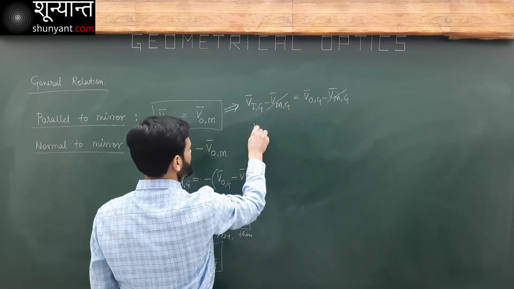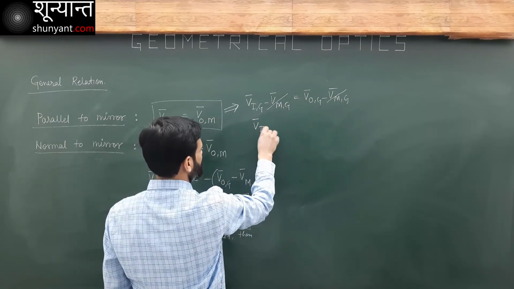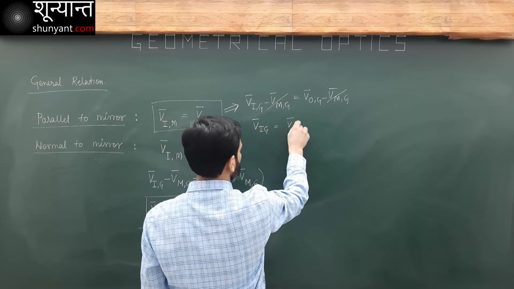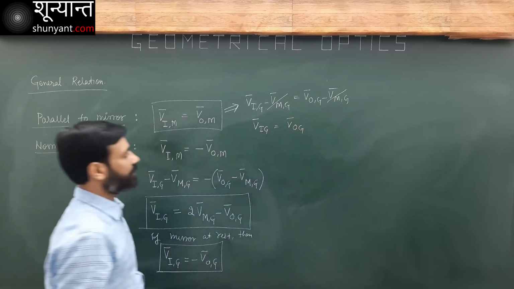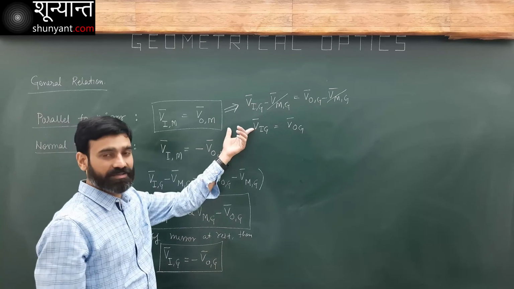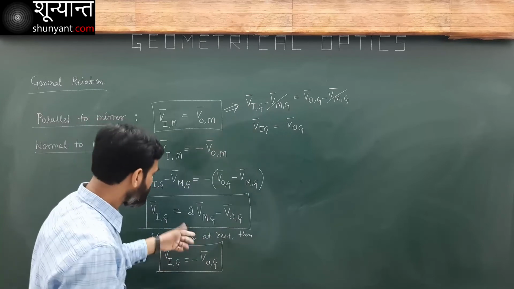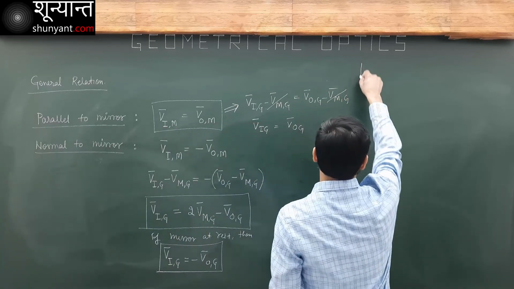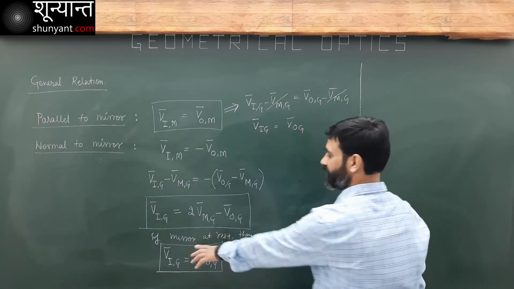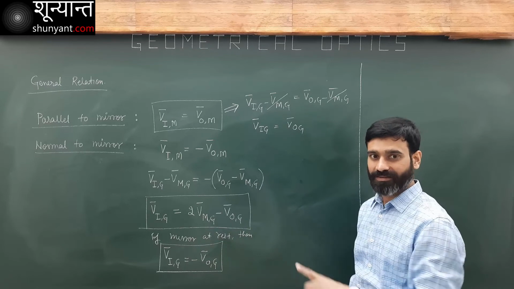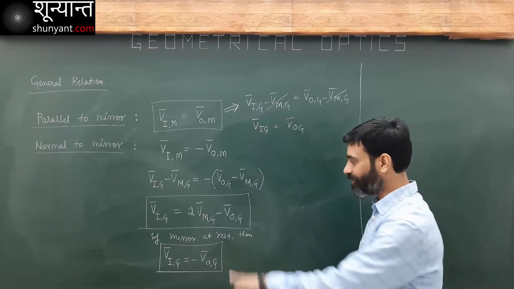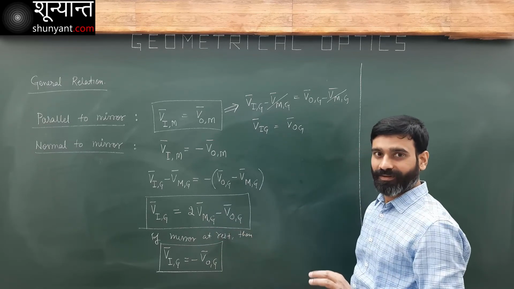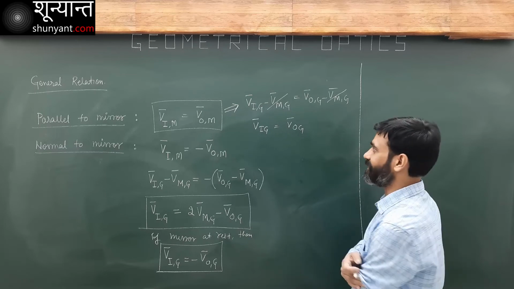That means velocity of image with respect to ground is the same as velocity of object with respect to ground. So this relation holds, but this is only parallel to the mirror. This other one is normal to the mirror. Okay, let's do a few problems. Let's make use of this and see how to apply this, and then we will find the velocity.